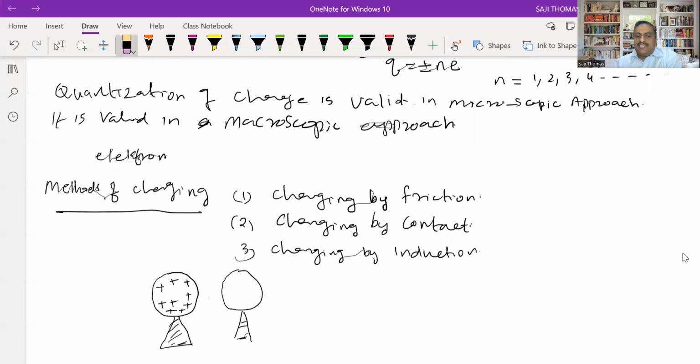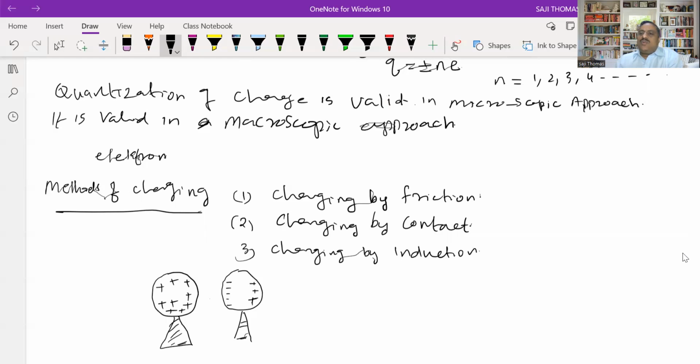Due to that attraction, electrons will move to the near side of this object. So electrons all will come and sit here, and electrons are left from the other side, right? So one side is negatively charged, the other side is positively charged.